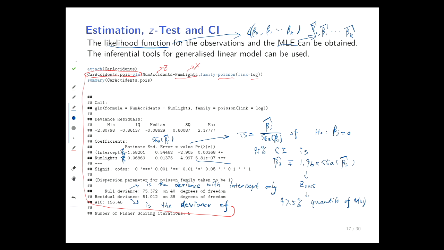That's also the same as in the generalized linear model. By using these two deviances, we can construct the test of overall significance, if you still remember.